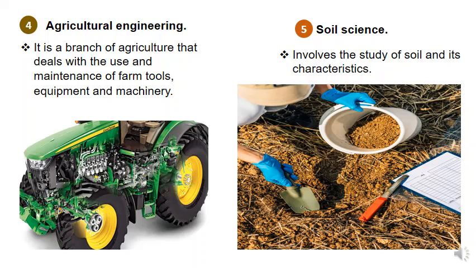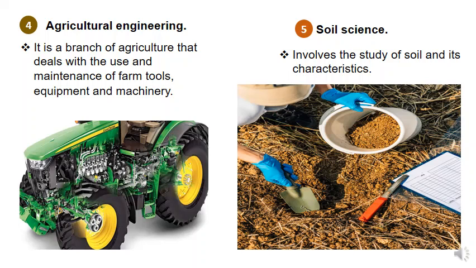Some books will say that it deals with the design, the making and maintenance of farm tools, equipments and machinery. We will deal with this topic especially in form 1 when we talk about farm tools and equipments, and in form 4 where we talk about farm machinery, the tractor engine, how it functions, and various elements.